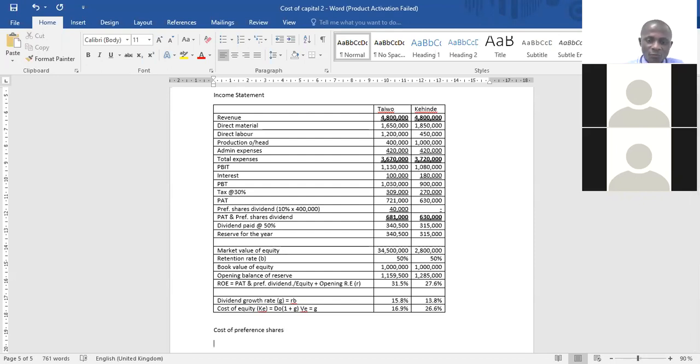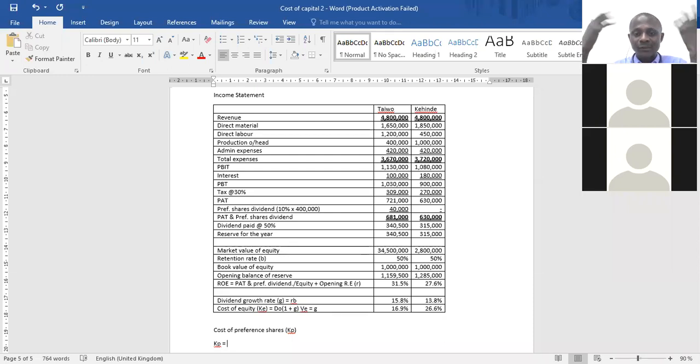My cost of preference share, which is KP. Look at what the question tells you. It says you should assume that the nominal value of preference shares and the nominal value of debt are the same as the market value, because the question did not give you the market value of equity or debt.